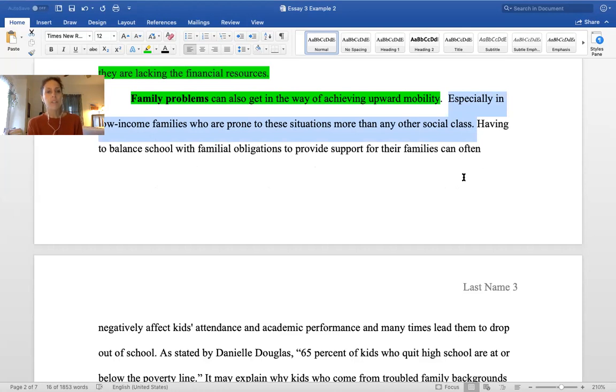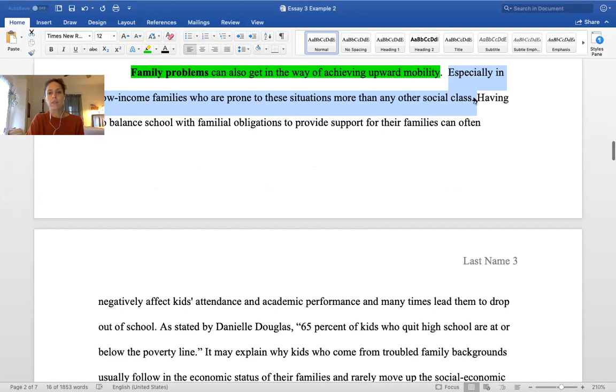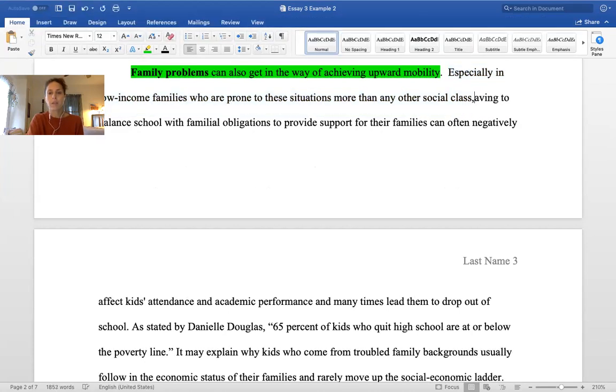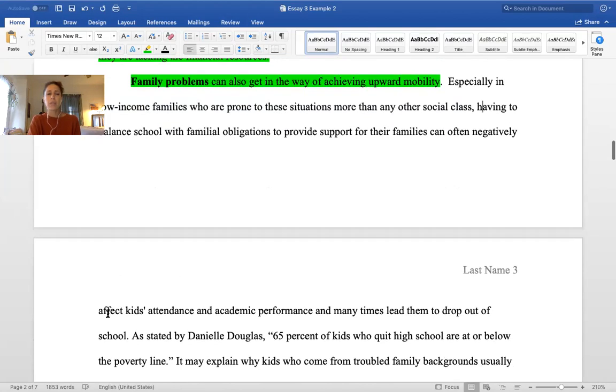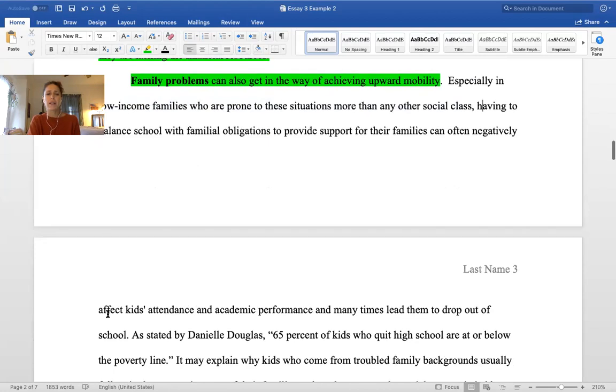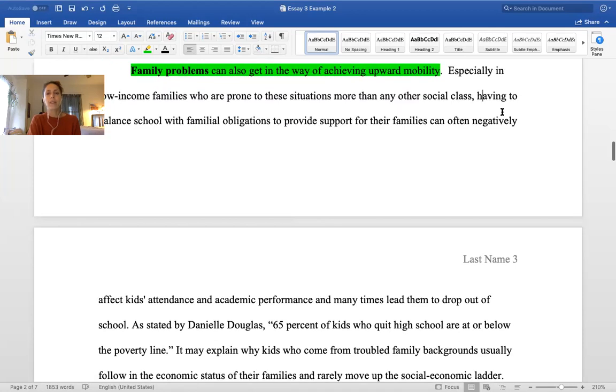So especially in low-income families who are prone to these situations more than any other class, we would say, comma, having to balance school with familial obligations to provide support for their families can often negatively affect kids' attendance and academic performance, and many times lead them to drop out of school. So now this is a little bit of a run-on sentence, so we'd have to revise that a little bit. But so let's see, what is this person's first example?